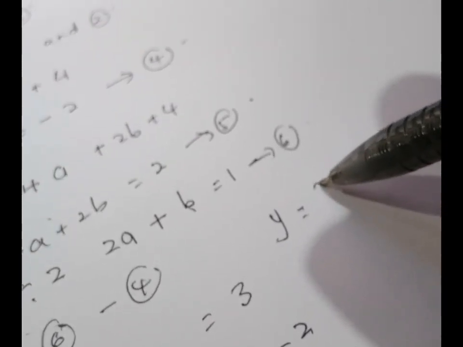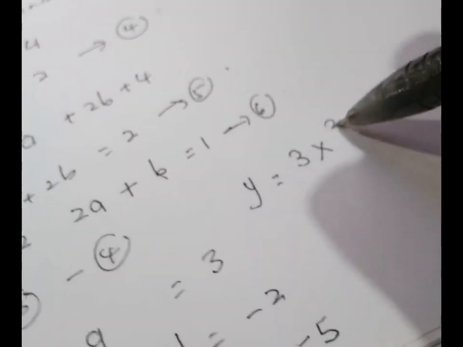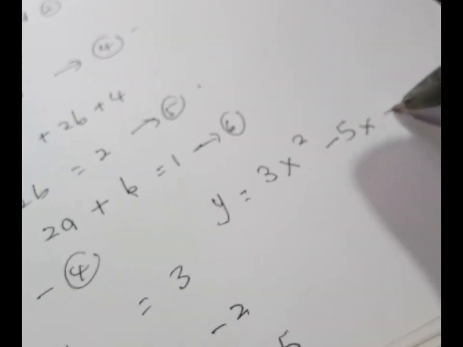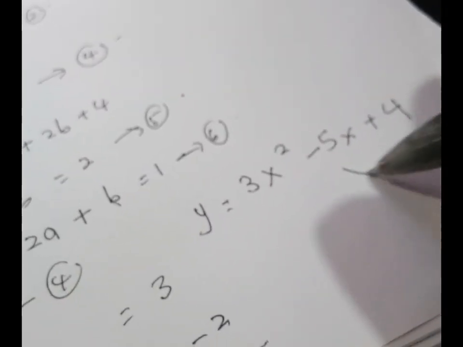Now b is minus 5. So we have a is 3, b is minus 5, and c is 4. So substituting back into the general equation, y equals 3x squared minus 5x plus 4. Done.